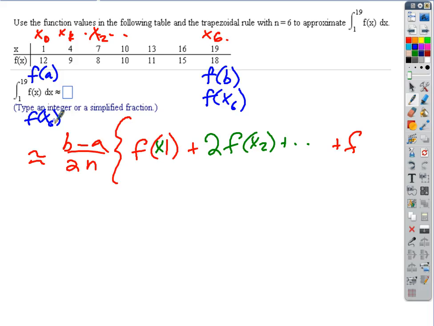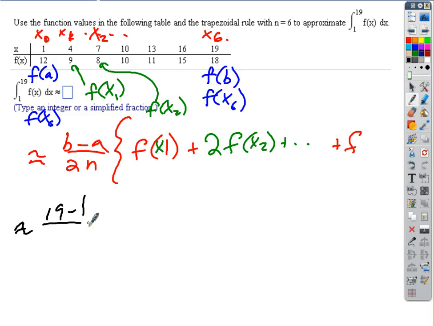This guy right here, for example, is f of x of 1. This one right here is f of x of 2. So those are the ones that get double counted in the trapezoidal rule, right? Because we've got this multiplier times the first plus the last plus 2 times all the middle values of the function. So when we plug in the numbers here, we get 19 minus 1 over 2 times 6.